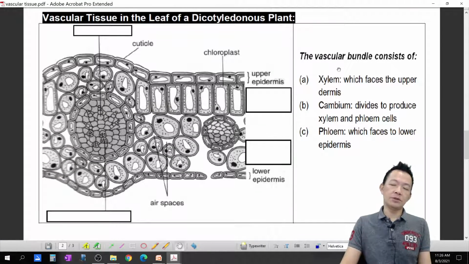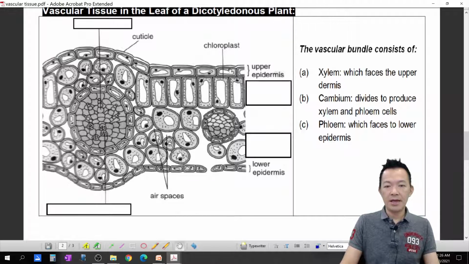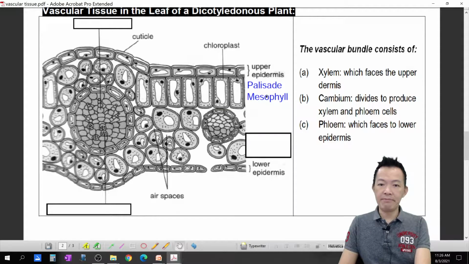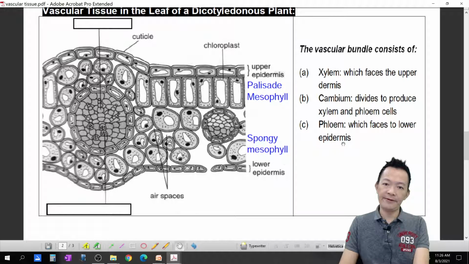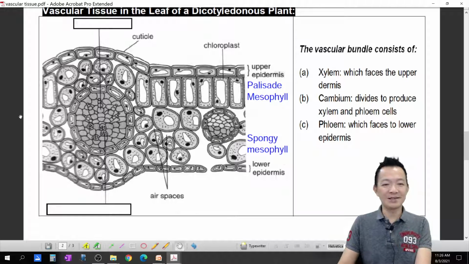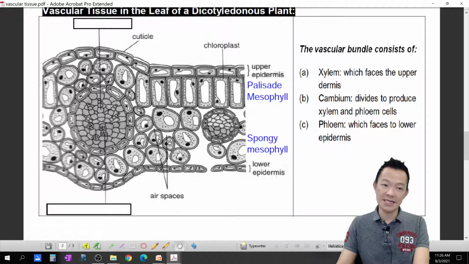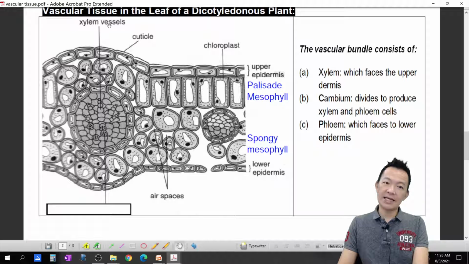Okay, how about the leaf? Where's the vascular tissue in the leaf? In the leaf, there is epidermal tissue, ground tissue, palisade mesophyll, and spongy mesophyll. They are very important for the process called photosynthesis. That was chapter 2. Then the vascular tissue is here: xylem facing upwards, phloem tissue facing downwards.